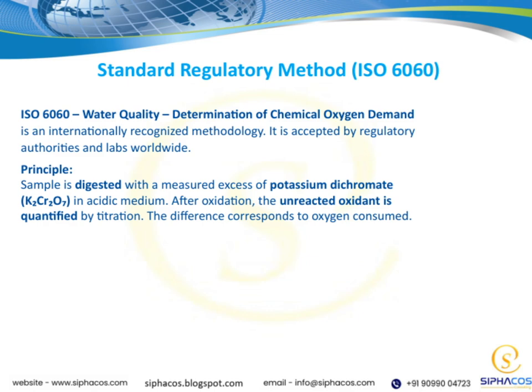This oxygen demand is a crucial indicator of the organic pollution level in water, and understanding this helps us assess water quality effectively and consistently across different testing environments. So, the ISO 6060 method provides a standardized, reliable way to measure water quality through chemical oxygen demand, connecting directly to our broader goal of ensuring safe and clean water.